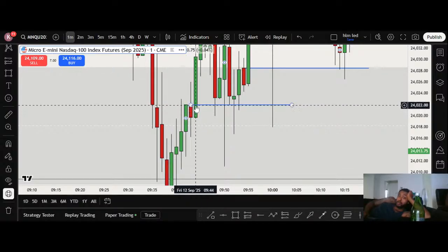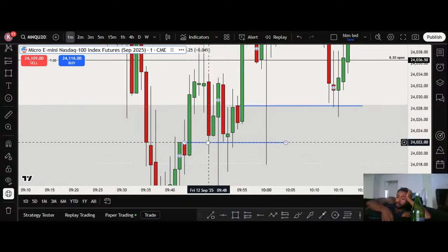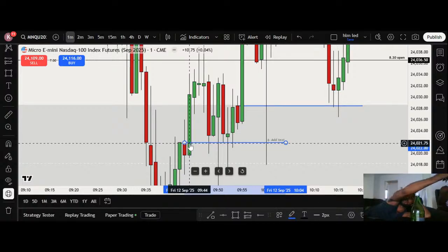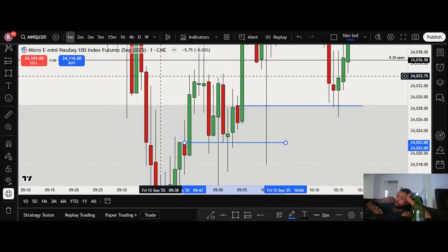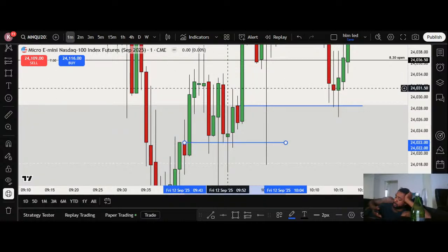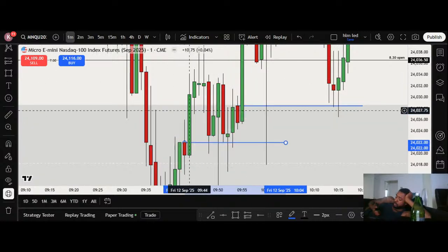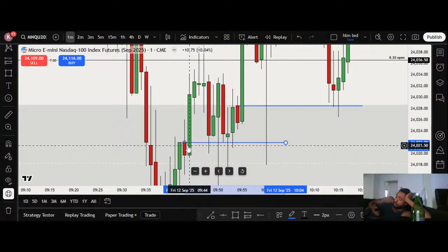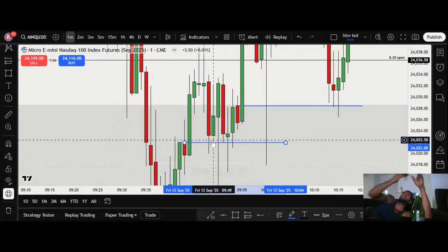These two candles are very important in the change in state of delivery because it's exactly what a change in state of delivery is. For more advanced traders, you would wait until you get a close above this opening price right here.